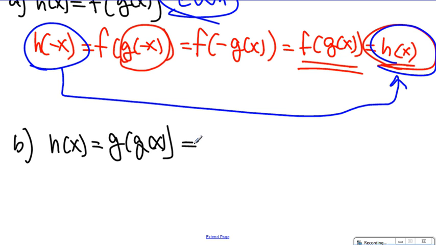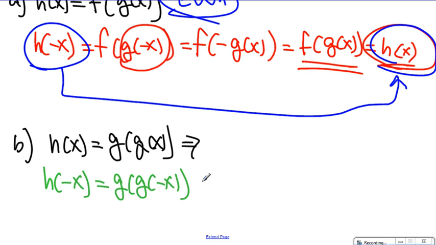In order for us to evaluate what h of x is, whether it be even or odd, what we like to do is this, just like before. Let's plug in h of negative x. Then, same as h of negative x, we're going to have on the right side g of g of negative x. But how does the function g behave?